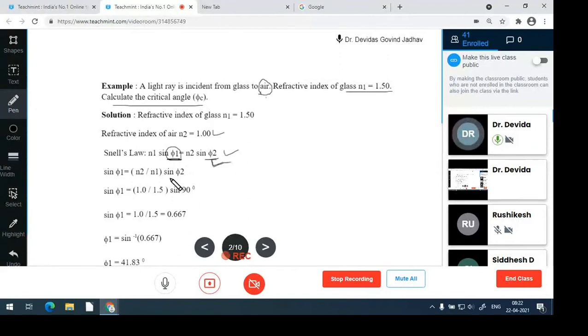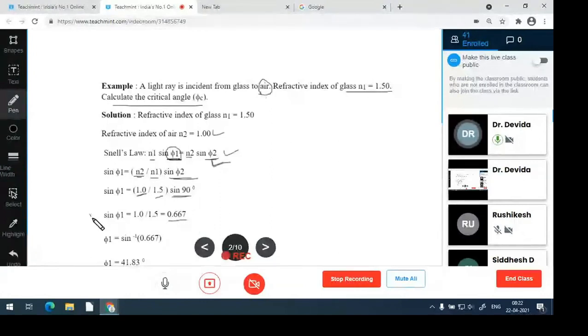So substituting the refraction angle as 90 degrees and the given N1 and N2 values, N1 is 1.5 and N2 is 1, the refractive index of air. So sine of phi 2 is sine of 90 degrees. Now sine of 90 is 1, that is sine of pi by 2 is 1. So 1 by 1.5 is 0.667.